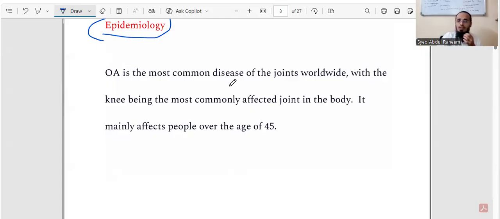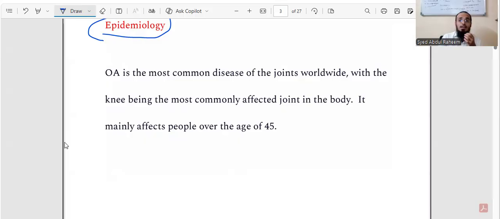But if you take remedies and precautions, you can delay that process. If a person is getting knee osteoarthritis at the age of 45, so he starts exercise, he starts diet, he does everything to improve his condition.